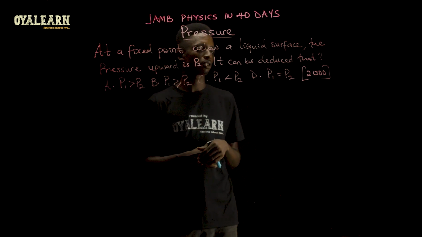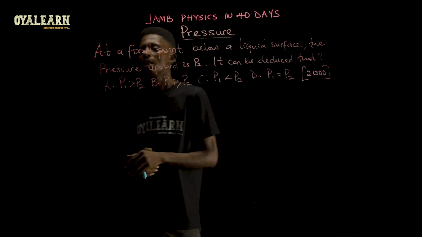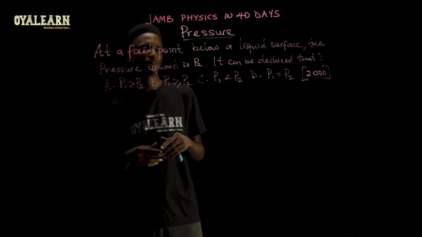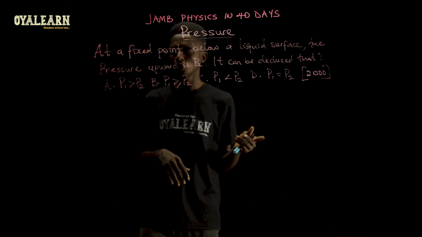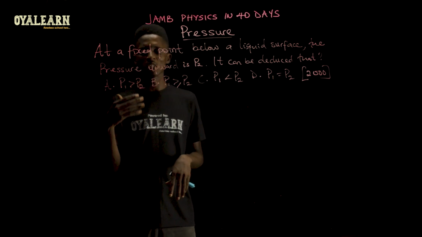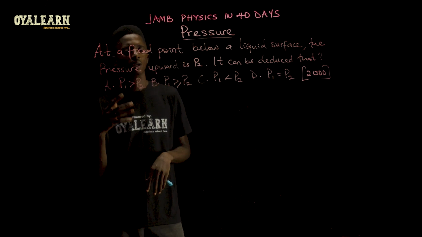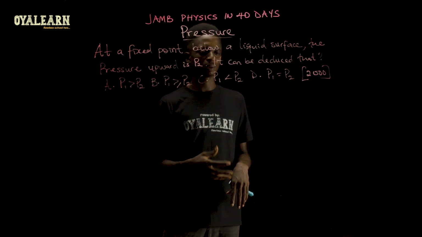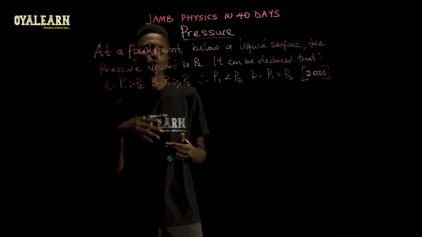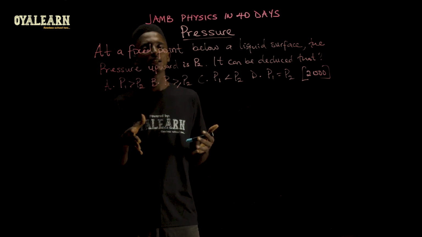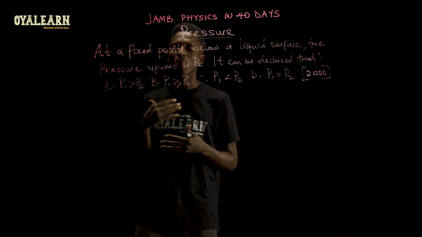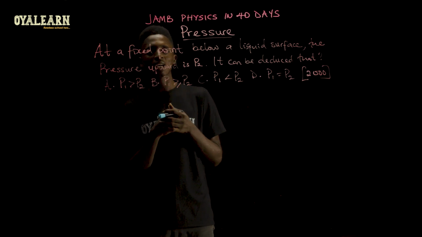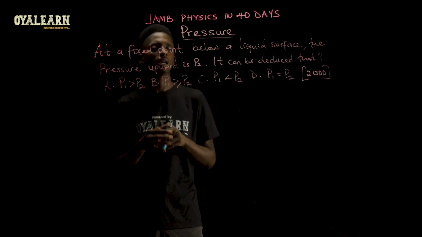This question from the 2000 UTME says, at a fixed point below a liquid surface, the pressure upward is P2, and it can be deduced that, and we have options such as P1 is greater than P2, P1 is greater than or equal to P2, P1 is less than P2, and P1 is equal to P2. Now, this relates to what is known as Pascal's principle.